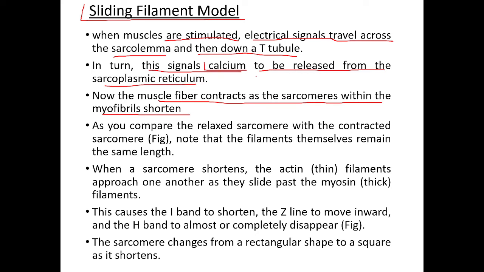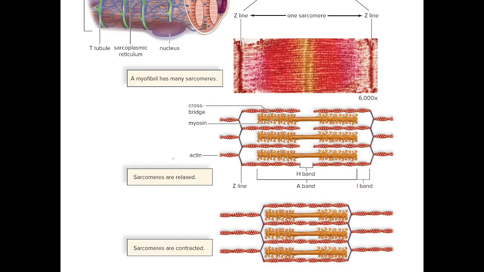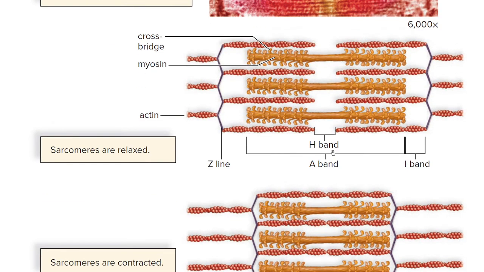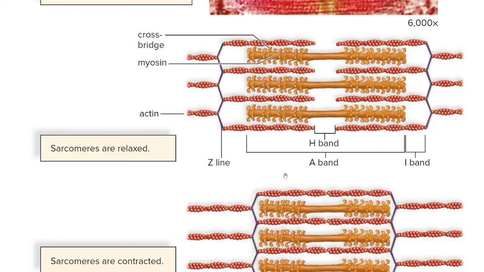When calcium ions are released, the muscle contracts. As you compare the relaxed sarcomere with the contracted sarcomere, which we have seen in the figure, note that the filaments themselves remain the same length. The myosin filament lengths and the actin filament lengths are the same.